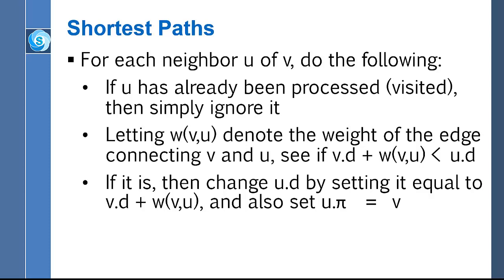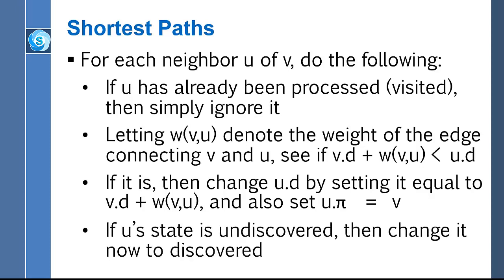In other words, U dot D now becomes the length of this shortest path that we've so far discovered from S to U. And let's also keep track of the fact that the vertex V that's currently being processed would be the next to the last vertex along this path from S to U. V would come immediately before U along a shortest path from S to U, shortest among the paths discovered so far.